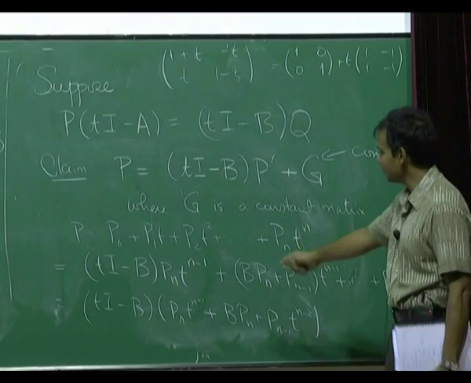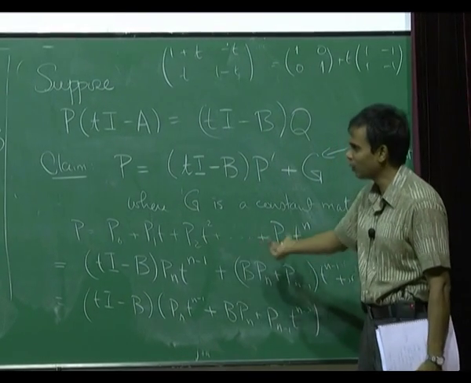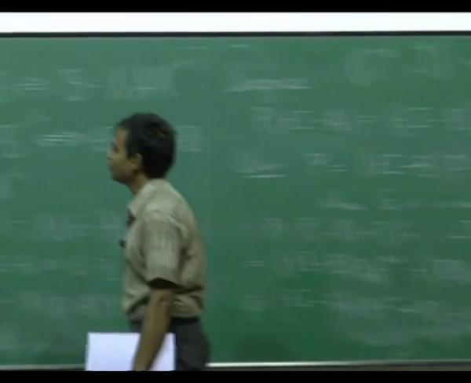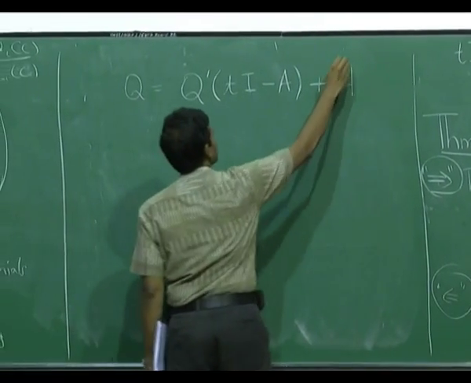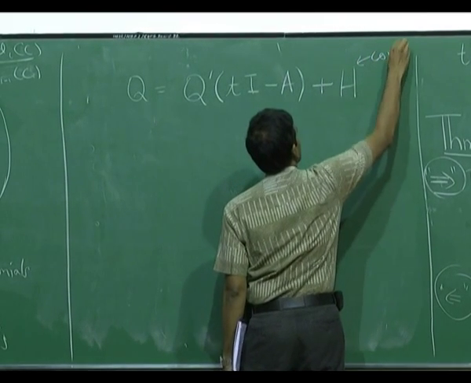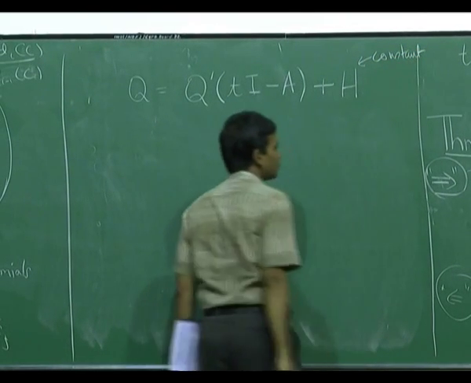You'll have to modify this a bit, but we can also write it like this for a constant matrix H. So we've at least managed to extract some constant matrices.